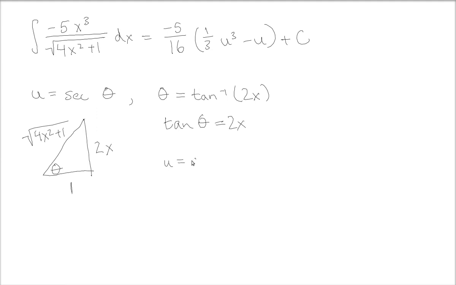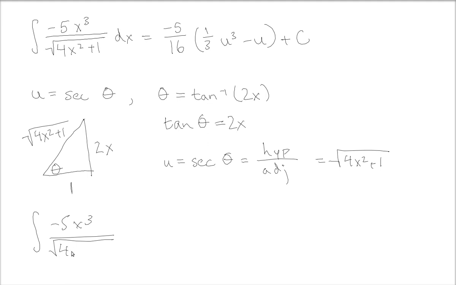So u is equal to secant of theta, and secant is the hypotenuse over the adjacent side. So that's just equal to this square root here over 1. So square root of 4x squared plus 1. So now we have u written as this square root instead of having it written as the secant of the inverse tangent. And we can substitute that in for our u.